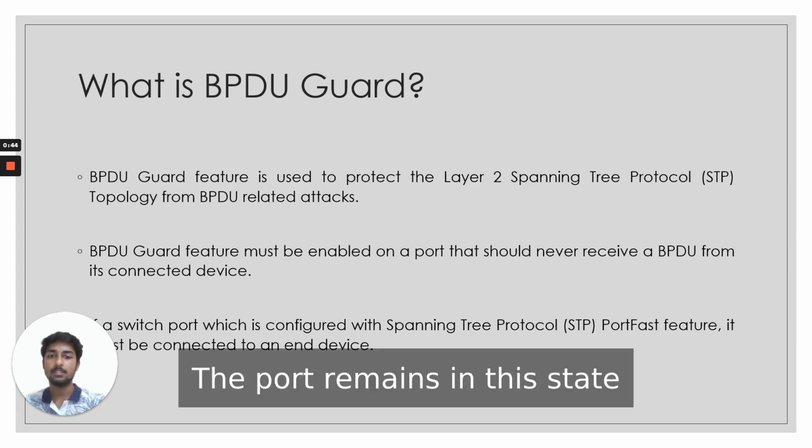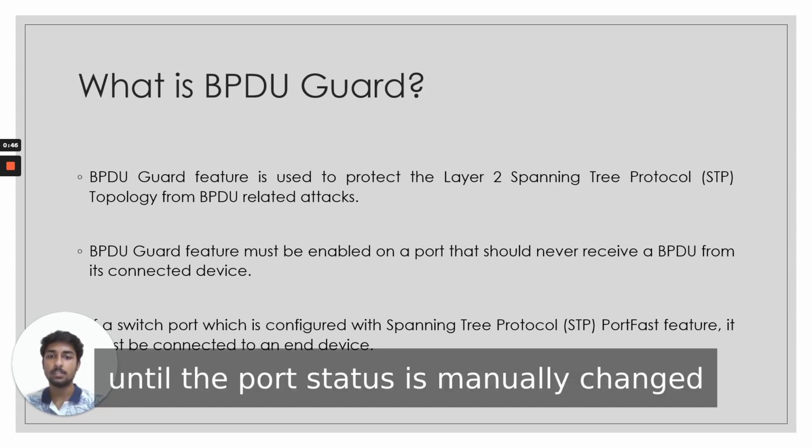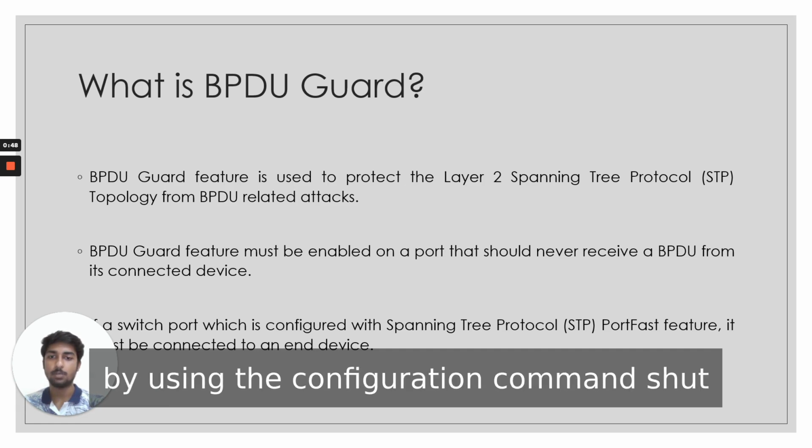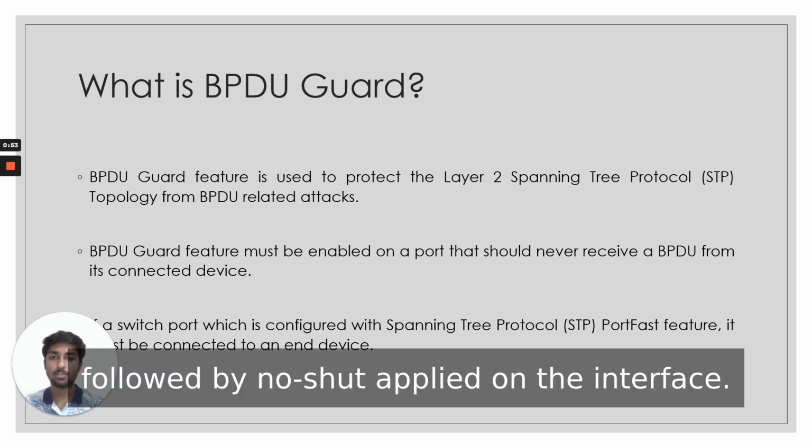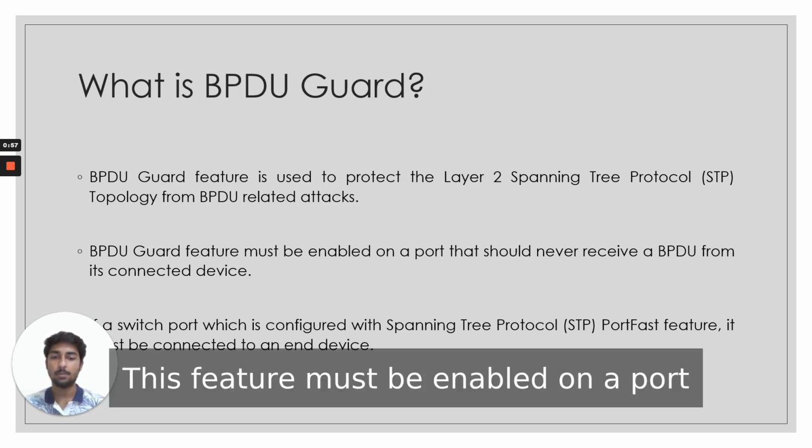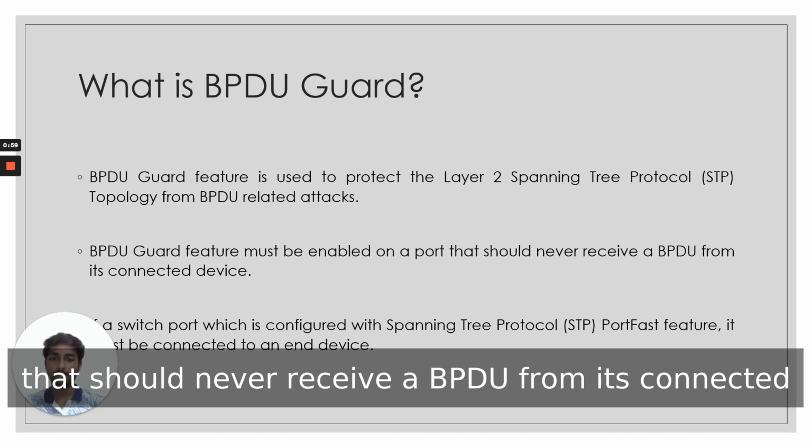The port remains in this state until the port status is manually changed by using the configuration command shut followed by no shut applied on the interface. This feature must be enabled on a port that should never receive a BPDU from its connected device.